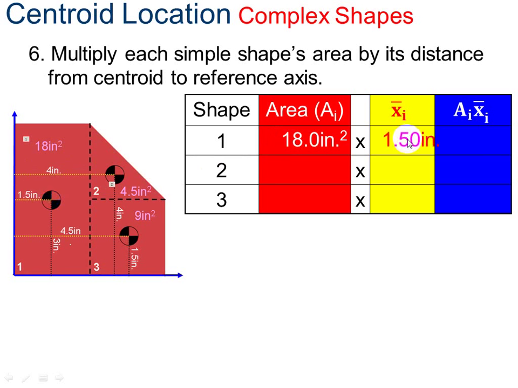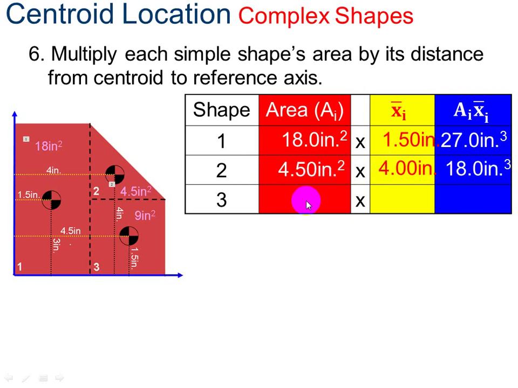So I'm going to add it there. And then I'm going to multiply 18 by 1.5, and I get 27. Now for shape 2. The area that we calculated earlier was 4.5. And then the distance from the centroid to the axis in the x direction is 4. And I'm going to multiply 4.5 by 4. And I'm going to get 18.